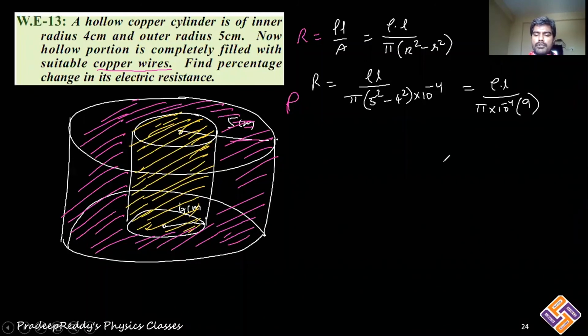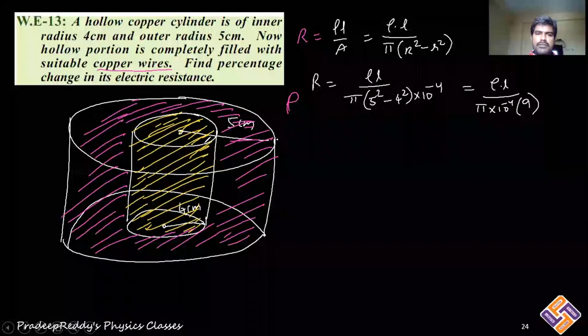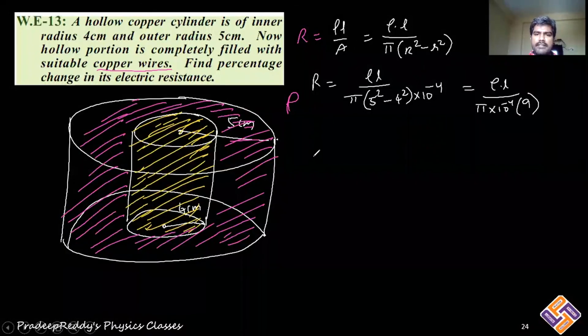Now you are supposed to find out the final resistance of the conductor after completely filling this with copper wire. So when you completely fill this with copper wire, what would happen to resistance? R dash is rho L divided by pi, five square into 10 power minus 4. Why am I taking five here?